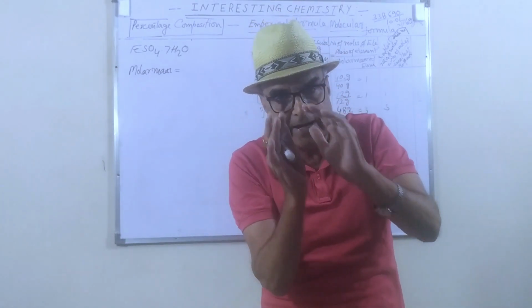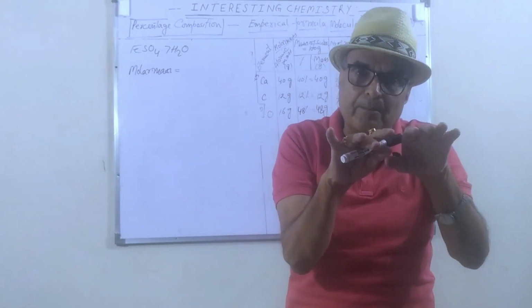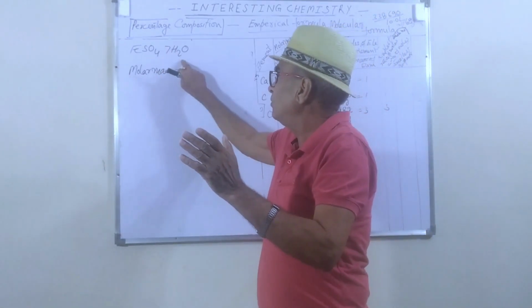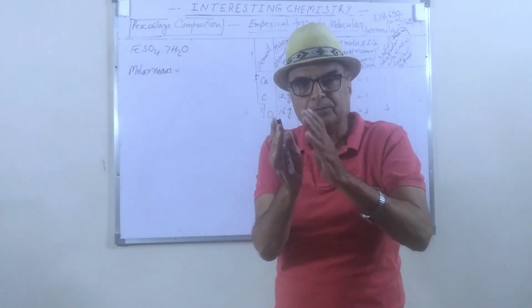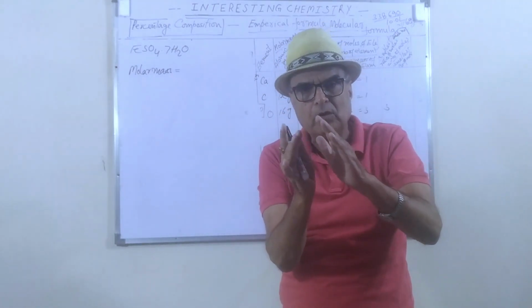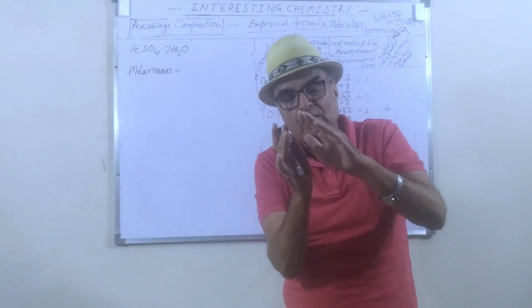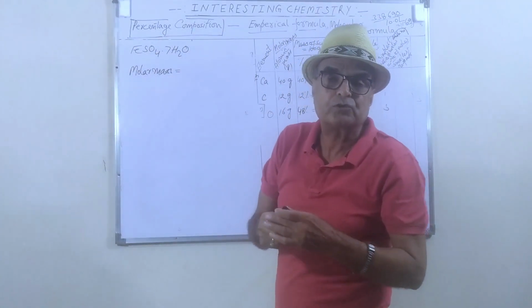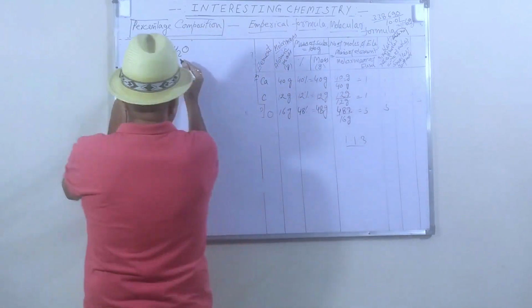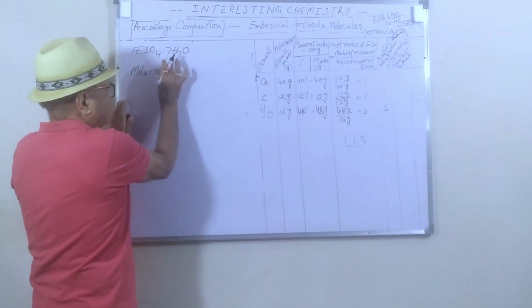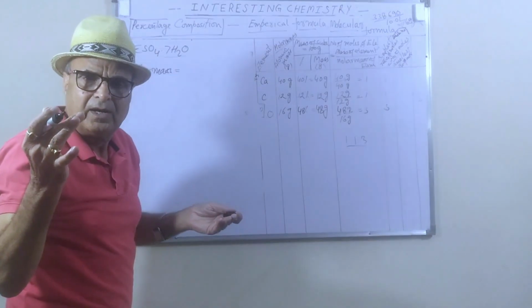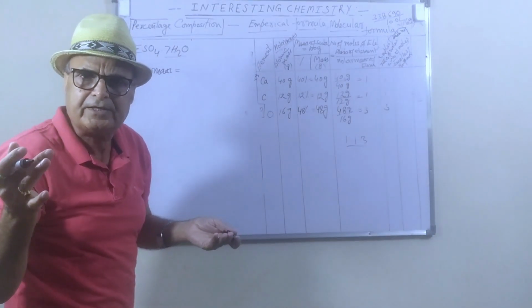It is simply added with the compound. So we will show this H2O separately. We will show the percentage of H2O separately in the percentage composition. My point is only to tell you about this H2O; otherwise, you have understood how to get the percentage.